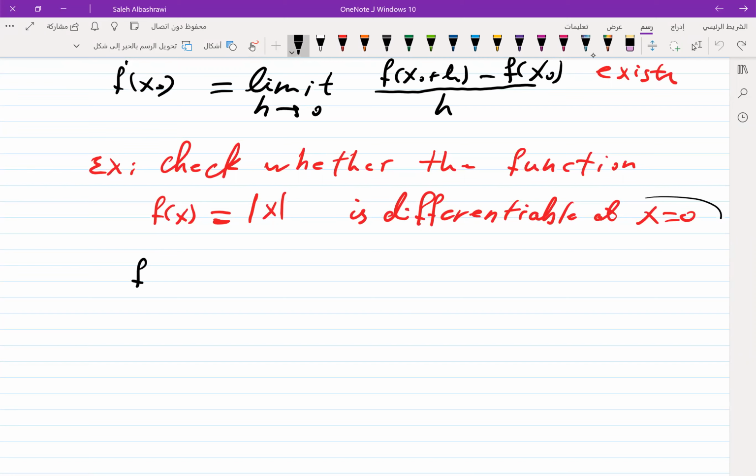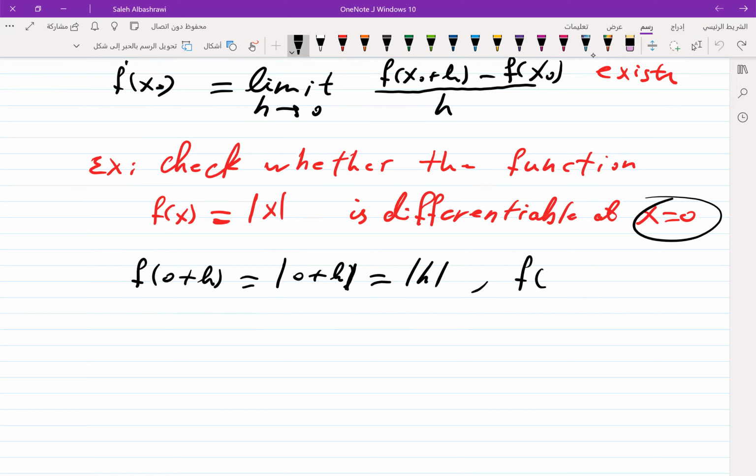So all what I need is to find these things. I have x equal to 0, so I need to find f of 0 plus h; that will be, replace x by 0 plus h, equal to absolute value of h. And also we have f of 0 equal to absolute value of 0, which is equal to 0.